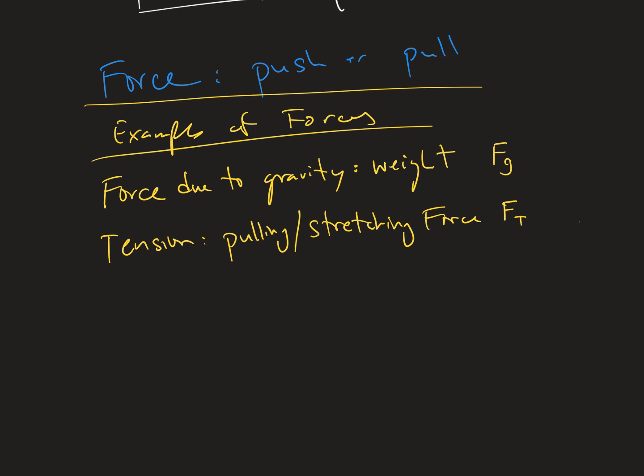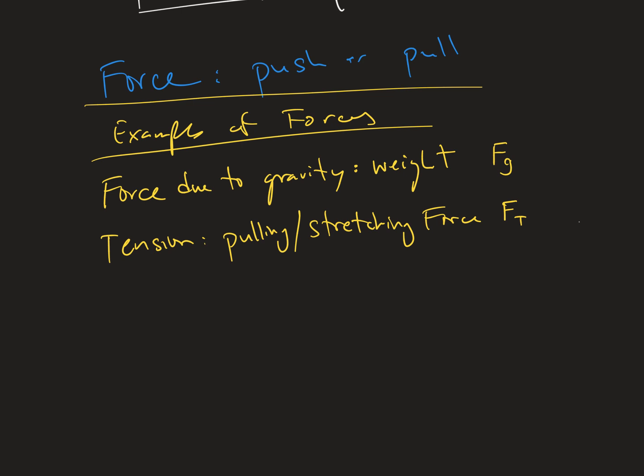Same. Why don't I use capital T like the book does? We're going to use big T for something else. And I don't want to get it confused. Are you with me? That's the only reason why. So this is why we're choosing to use this format.